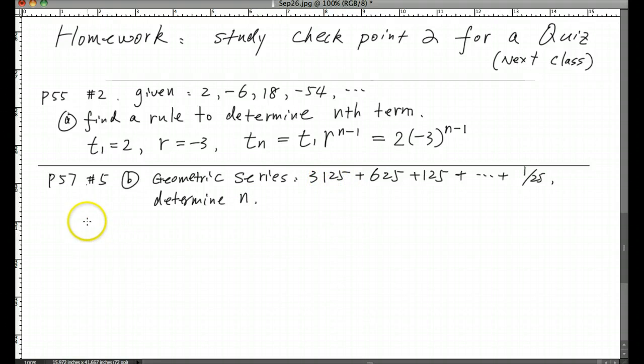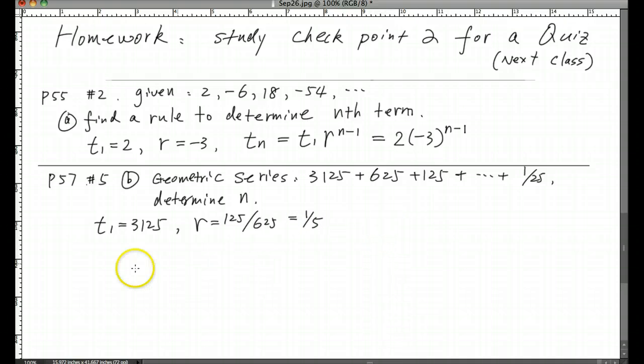So we need to determine the basic information. For this geometric series, obviously we know T1 is 3125. The common ratio is not as obvious as the previous one, so we use 125 divided by 625, and that equals 1 over 5. Based on the formula, we also know Tn equals 1 over 25.